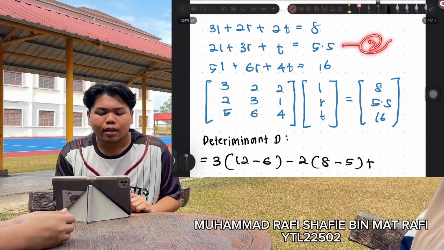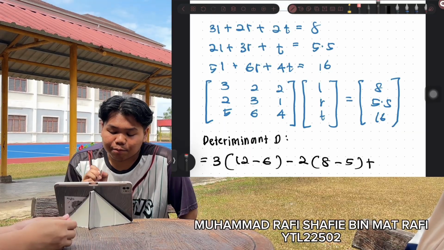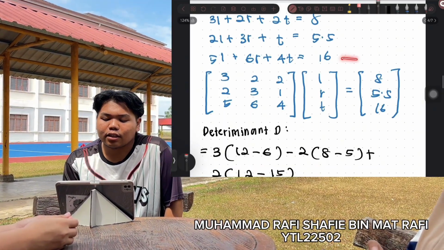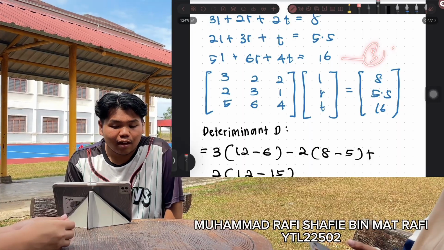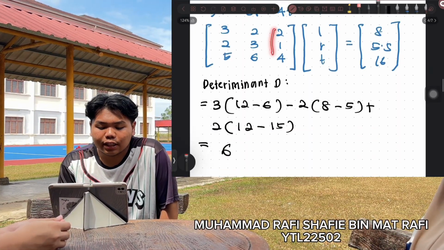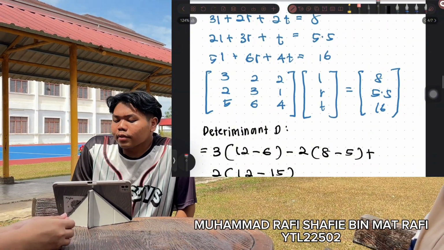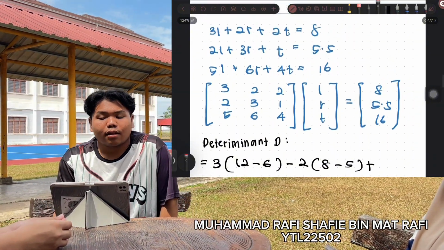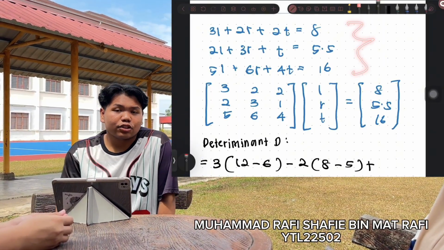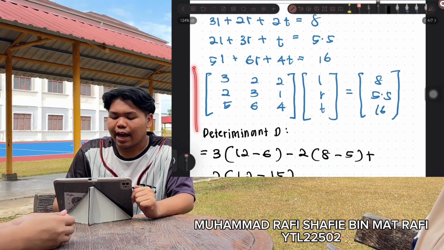Equation 2 is 2L plus 3R plus T equal to 5.5. And the third equation is 5L plus 6R plus 4T equal to 60. From the 3 equations, we can transform the equation into matrix form like this.